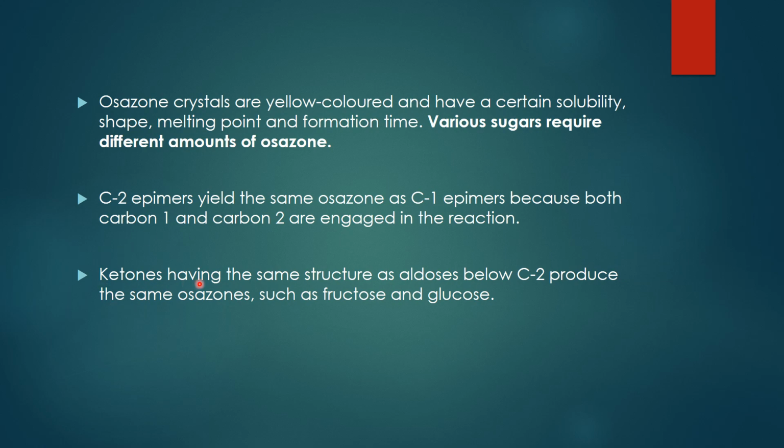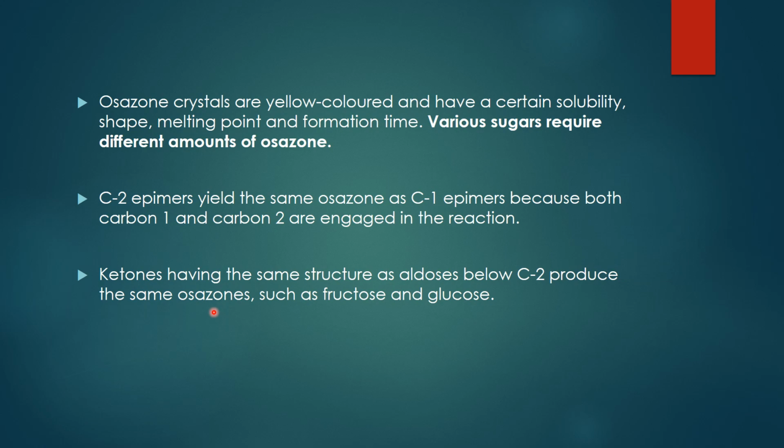Ketoses having the same structure as aldoses below C2, or carbon 2, produce the same oxazone. Why?